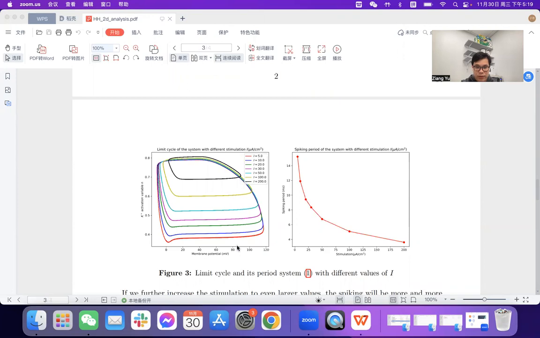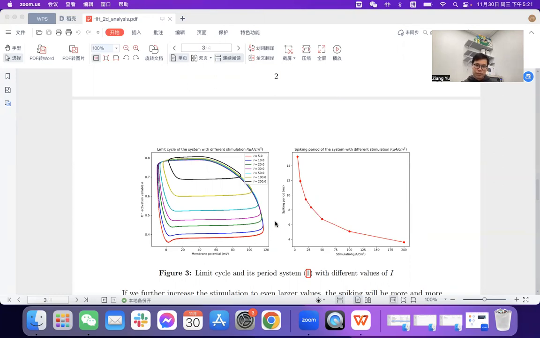This is not very intuitive for me, because my intuition is that if the stimulation is stronger, then the spike will be more dramatic, so the peak membrane potential should increase. I think there is some explanation behind this, because it seems not to be the case in reality.